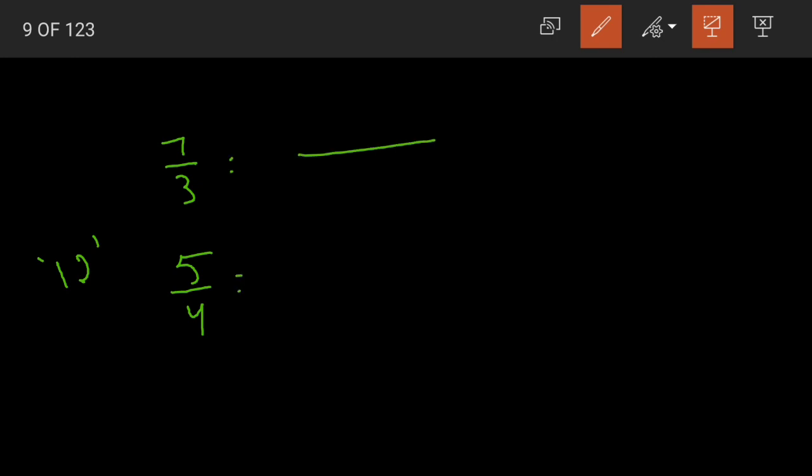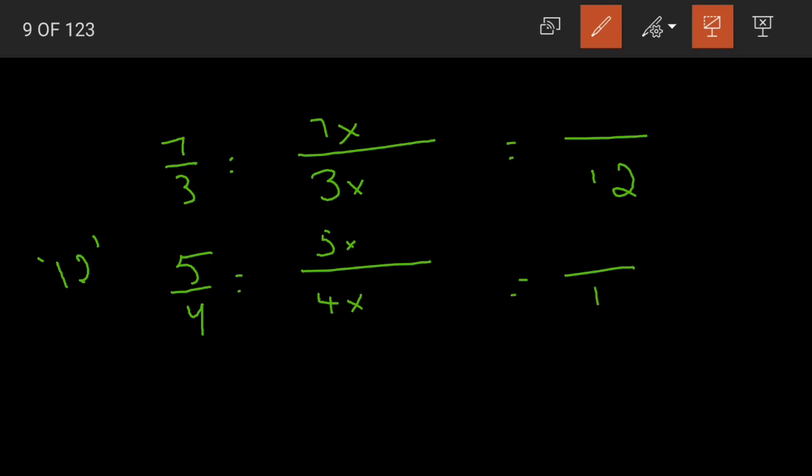We need to multiply both the numerator and denominator of both the fractions so that the denominator will be equal to the LCM, children.